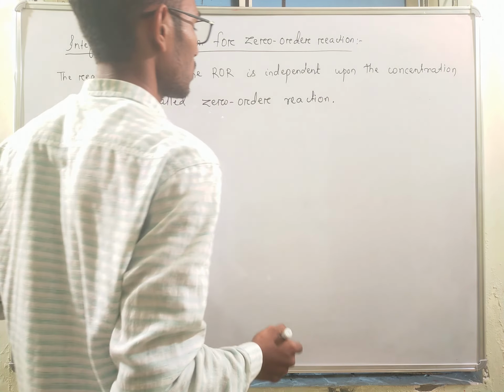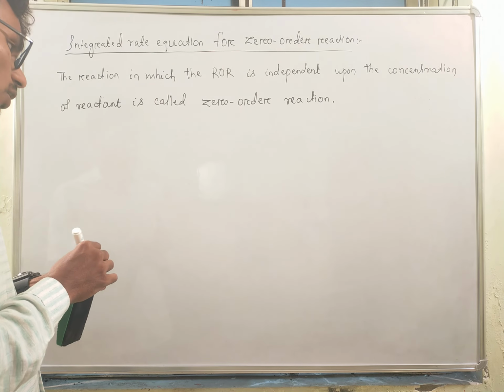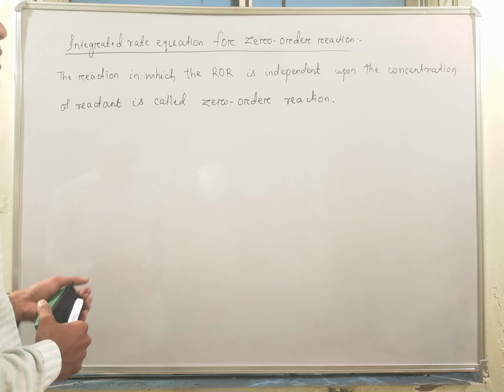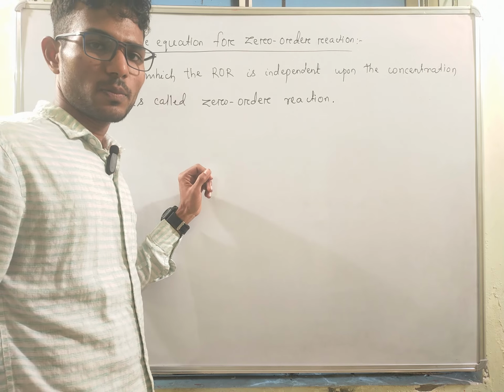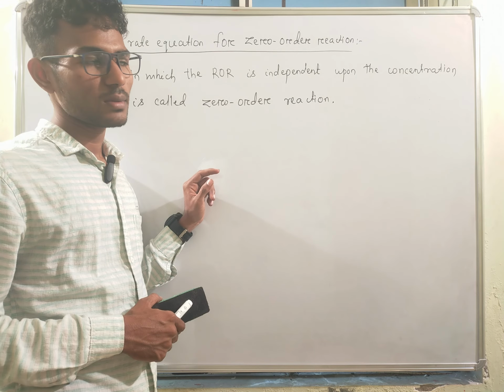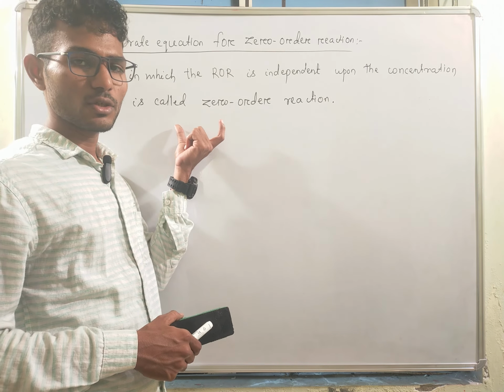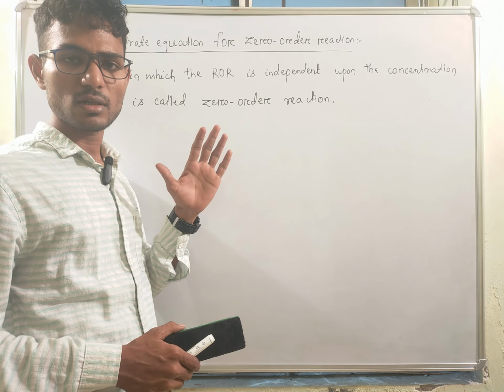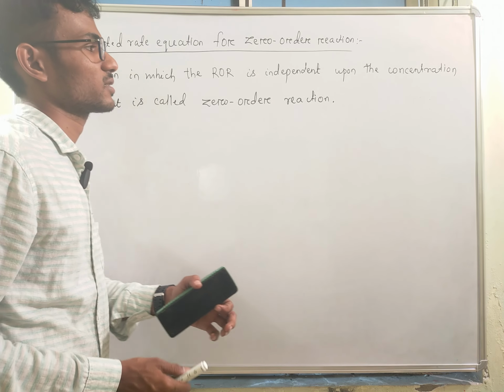We know that in 99% of cases the rate of reaction depends upon the concentration of reactant, but in case of zero order reaction the rate of reaction doesn't depend upon the concentration of reactants.